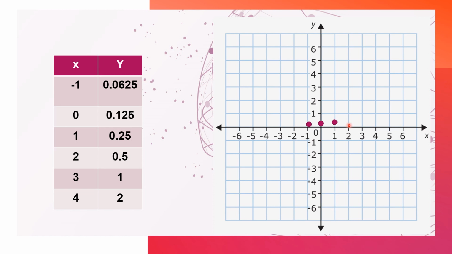So 2, 0.5, located here. Next, 3, 1. So we have 3, 1, located here. And the last point, we have 4, 2. So 4, 2, located here. So connecting all the points, we have this curve. So this curve now shows the graph of our function.